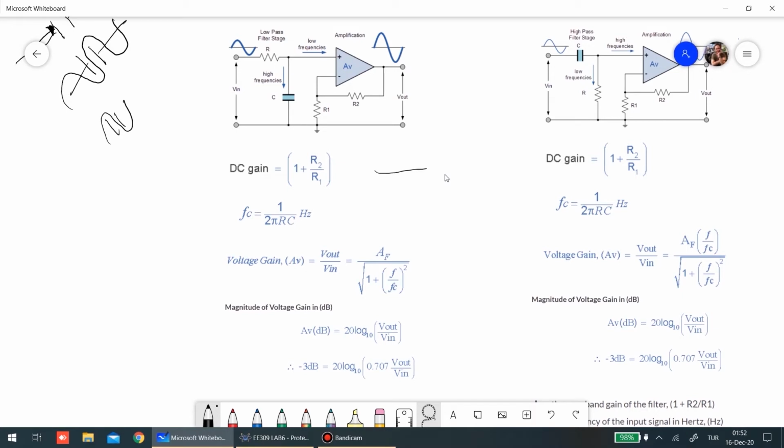As we know, if you plot the Bode diagram, if you assume that here's the maximum gain point in dBs, here is our cutoff frequency, minus 3 dB below the maximum gain. This is the cutoff frequency.